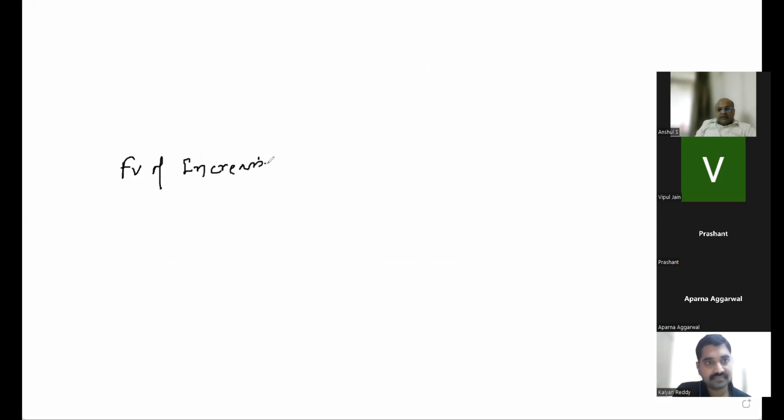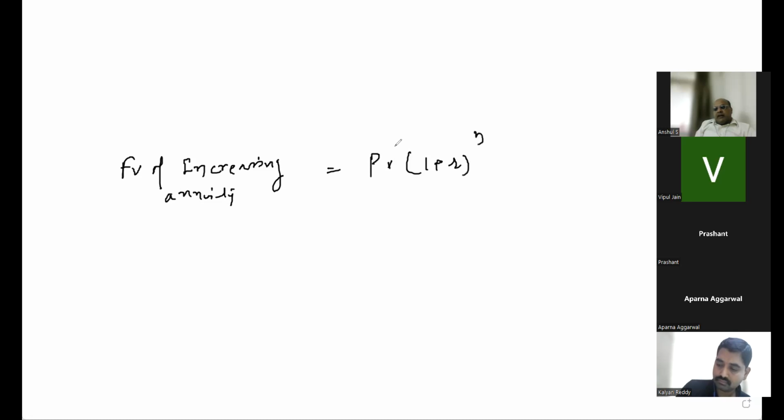FV of increasing annuity would be P into 1 plus R to the power N minus 1 plus G to the power N, divided by R minus G, if you have to do it manually and there is only one payment. This is the formula typically used for increasing annuity.